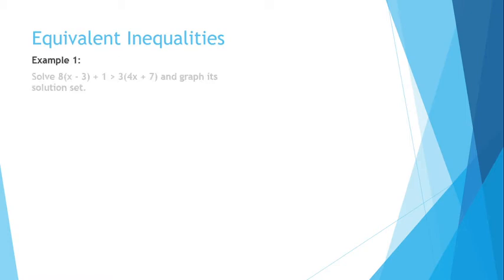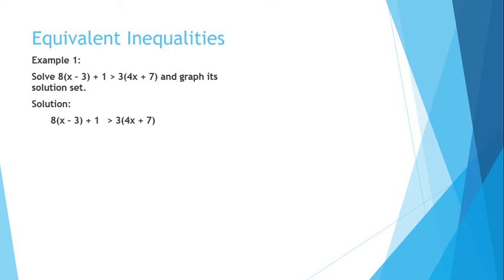Now, equivalent inequalities. How do we solve equivalent inequalities? Let's answer example 1. Solve 8 multiplied by x minus 3 plus 1 is greater than 3 multiplied by 4x plus 7, and graph its solution set. So here is the solution.